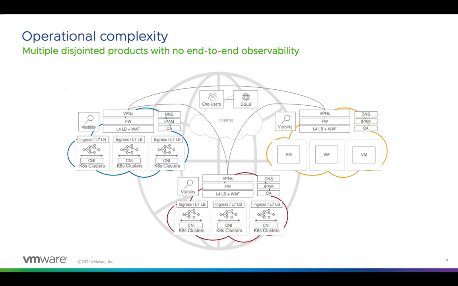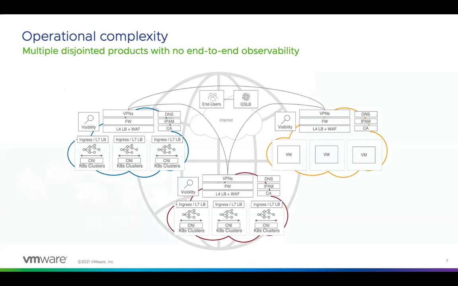And if you have multiple clusters deployed, you have to have GSLB in order to have multi-cluster and multi-site connectivity. So all of that, right? If you count the number of products that you have in the environment, you can probably run out of your fingers. And that becomes a very big problem because management, maintenance, and upgrades have become a tremendous operational complexity on the team.